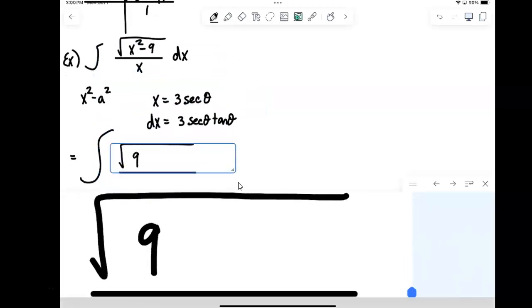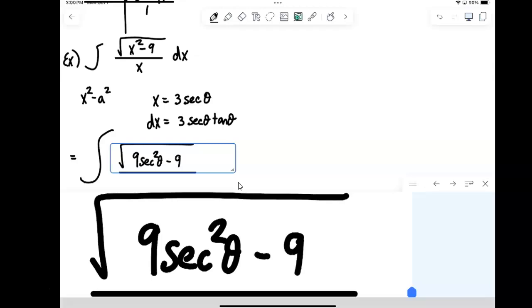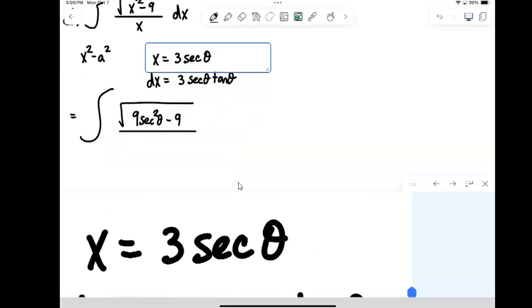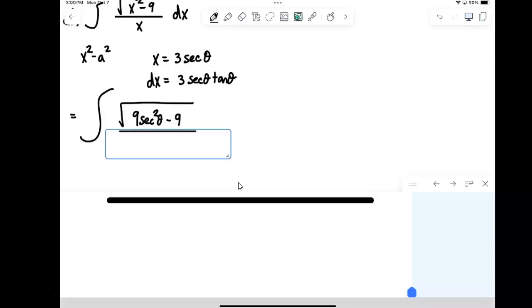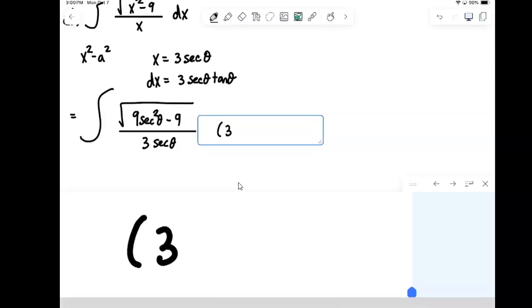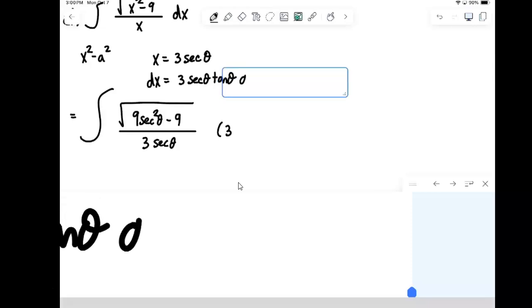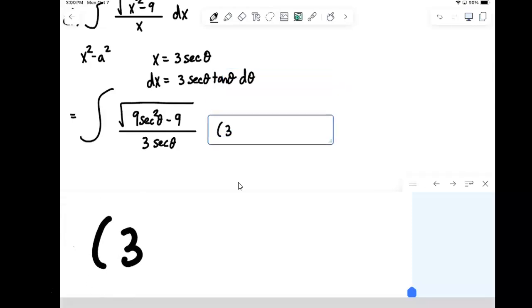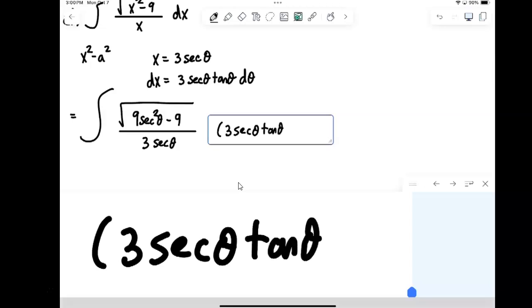So that'll be 9 secant squared theta minus 9. In the bottom, we have x, which will be 3 secant theta. And then dx is 3 secant theta tangent theta d theta. I forgot my d theta there when I wrote it down earlier.